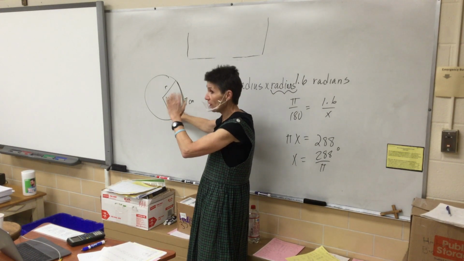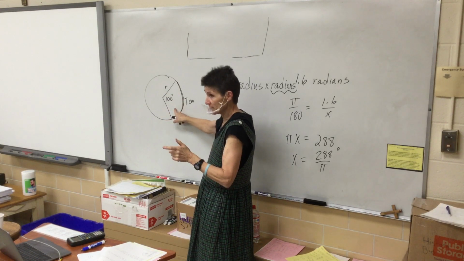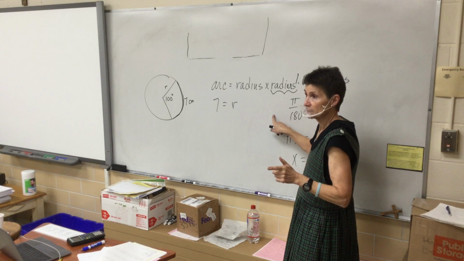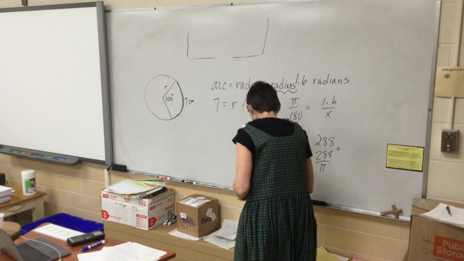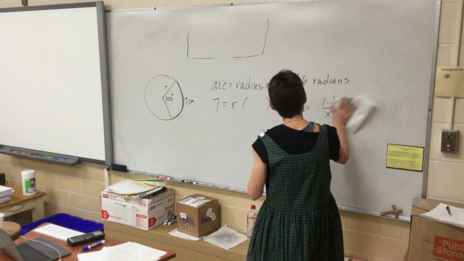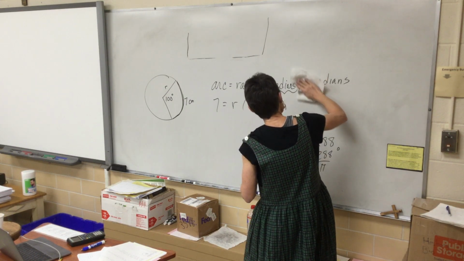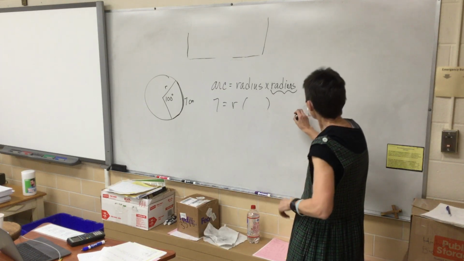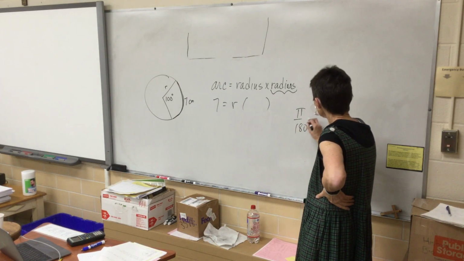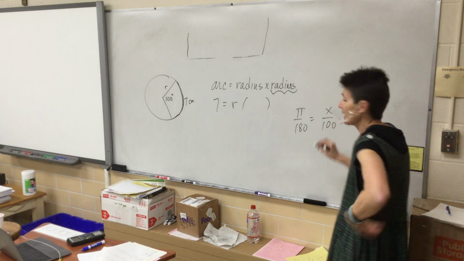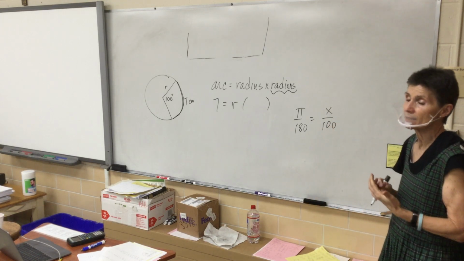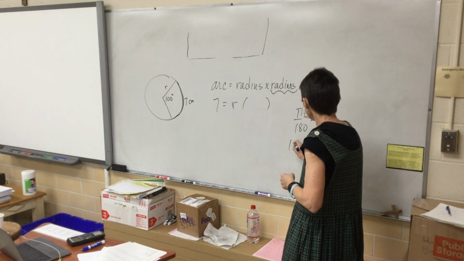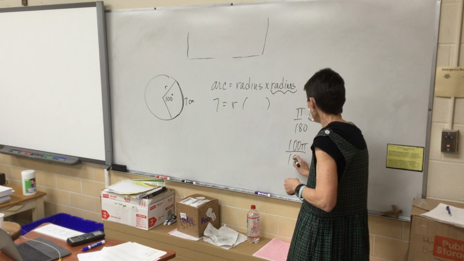Could I change 100 degrees into radians and then use that number in my little formula? Okay, so let's do that. So this is not going to be the answer to the problem. This is going to be like a little intermediate step over to the side. Pi is 180. What is 100? That's the question. How many radians is 100 degrees? So 100 pi over 180.